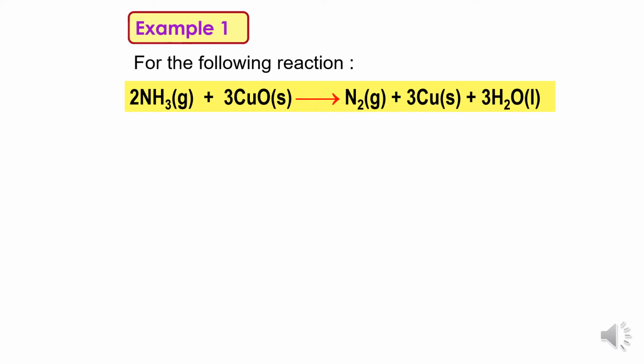First example. For the following reaction, 2 ammonia react with 3 copper(II) oxide to produce nitrogen gas, 3 copper and 3 water.